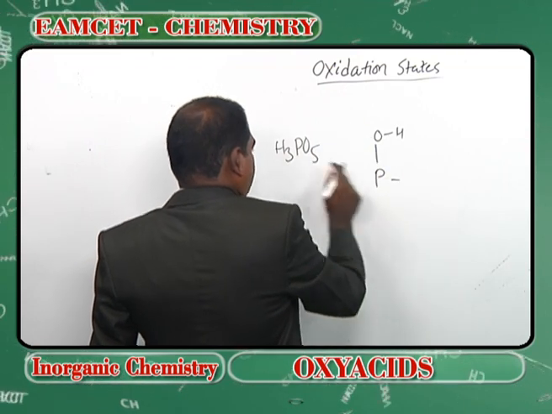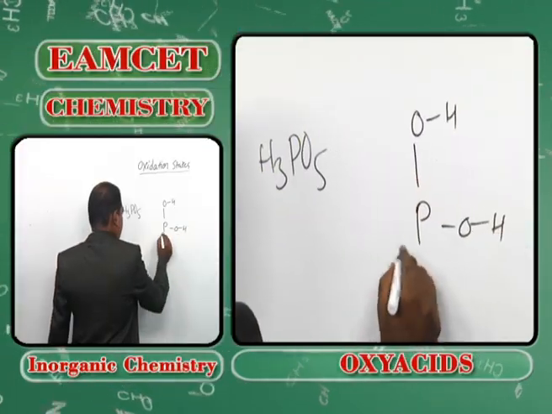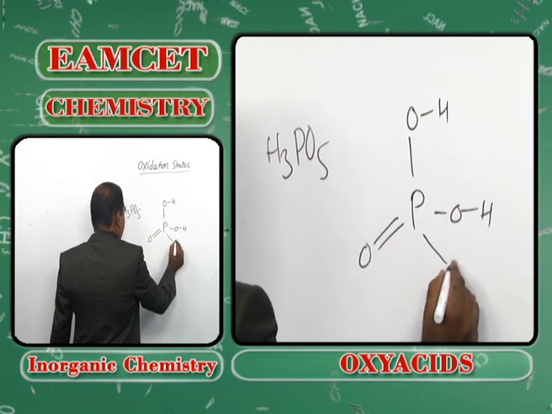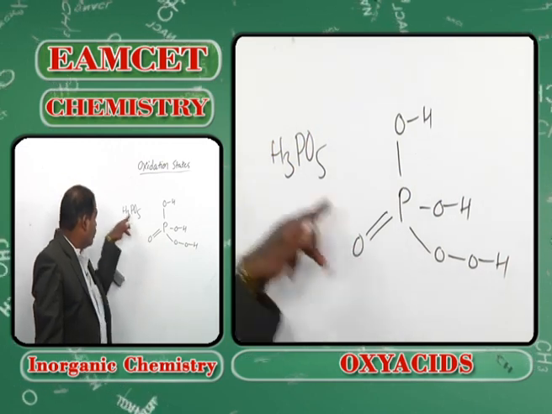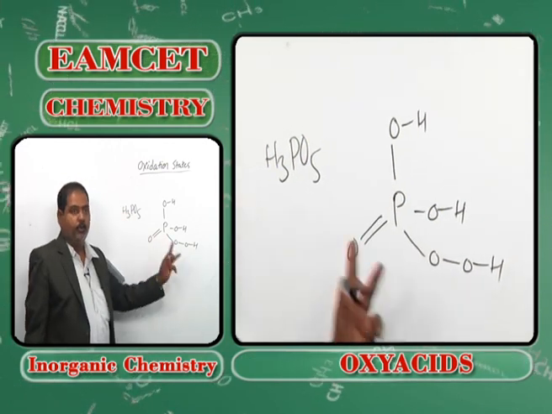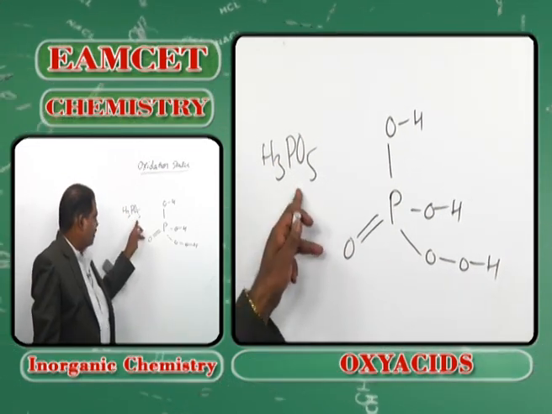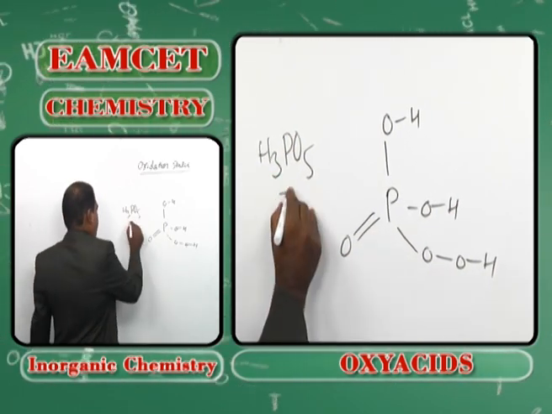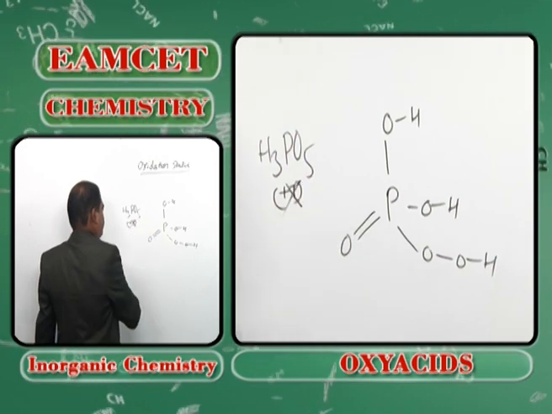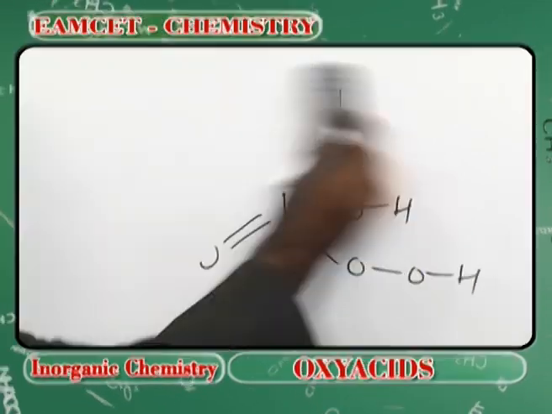You have 1 phosphorus, 3 OH groups, a double bond O, and an OOH. Why did I write OOH? Because I know it is a peroxy compound. What is peroxy? OO. How do you know this is peroxy? Phosphorus is getting an impossible plus 7. Right. Next.